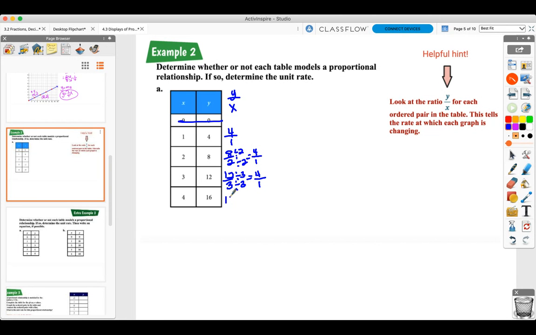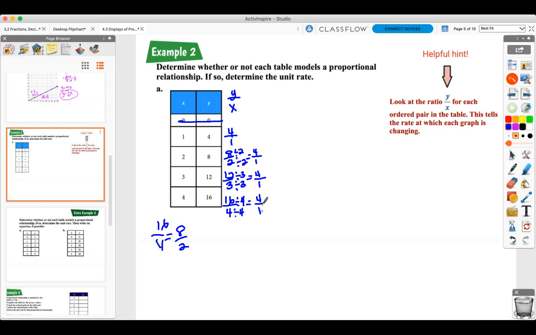And the last one, 16 over 4. Divide 4 into the numerator and the denominator. And if you don't simplify completely, you're going to get a wrong answer. Like 2 would have gone into this, but it's not simplified completely. What I mean by that is 16 over 4 does simplify to 8 over 2. But you have to simplify your fractions completely, in simplest form, for this to work.